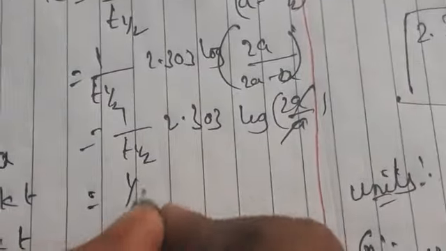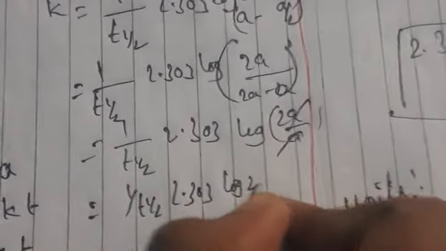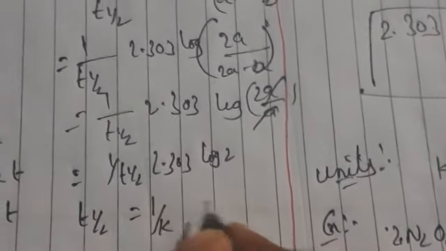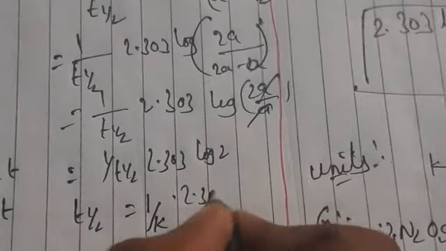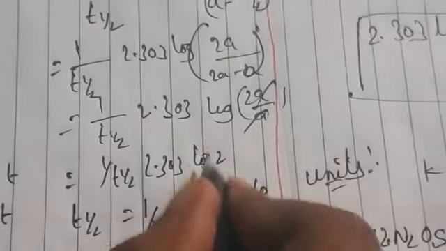So what is the log 2 value? 1 by t half into 2.303 log 2. Log 2 means 0.3010. So we have to find t half is equal to 1 by k into 2.303 into 0.3010, because this is the log 2 value.